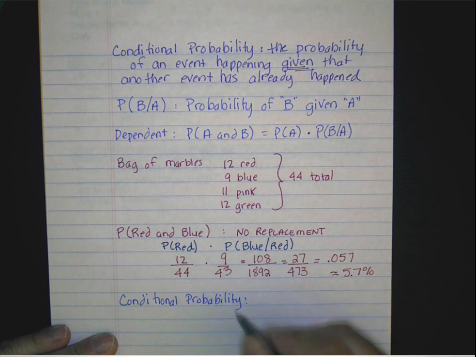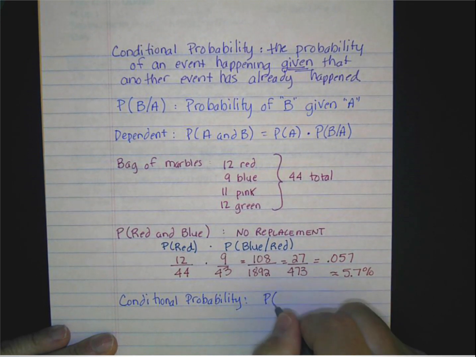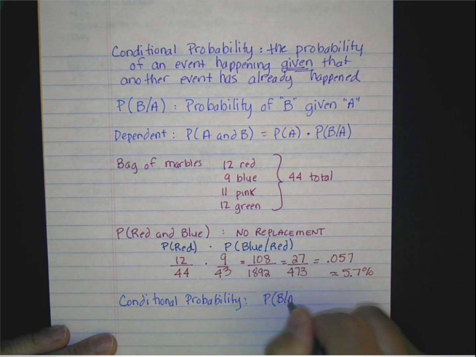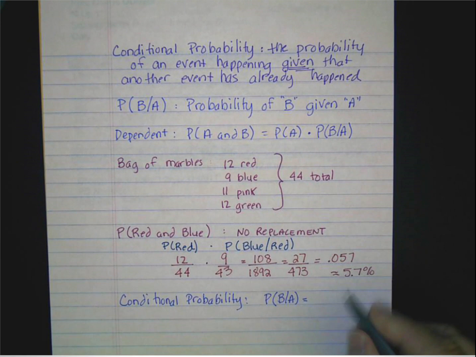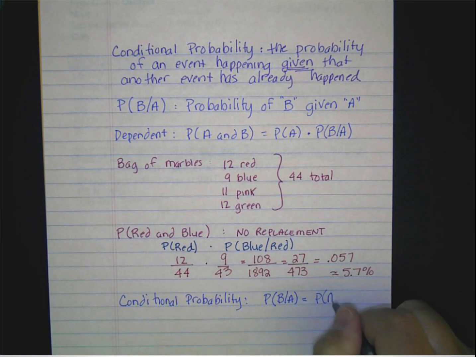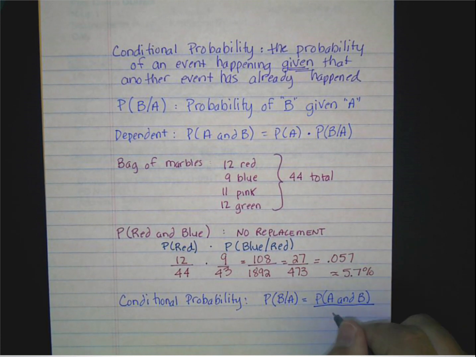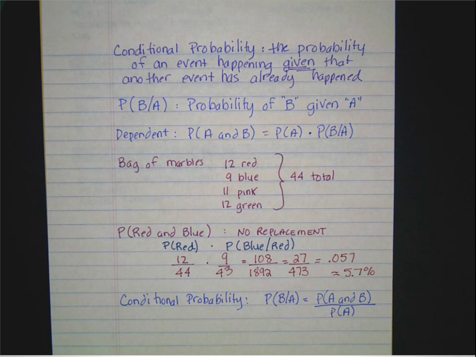Okay, so conditional probability, go back up here to this. The probability of B given A can be written as the probability of A and B happening divided by the probability of A. And these can switch around, guys, we're just using the letters.